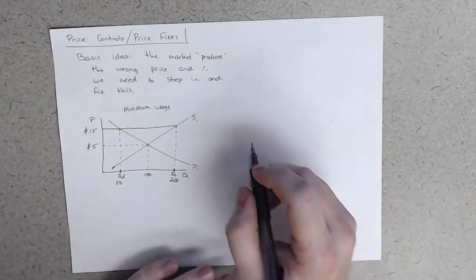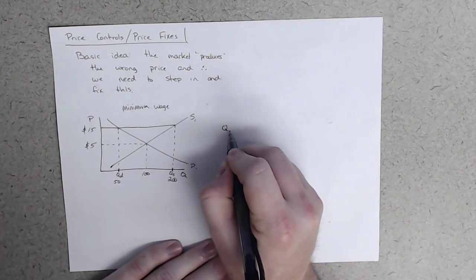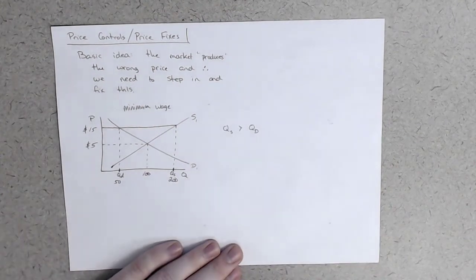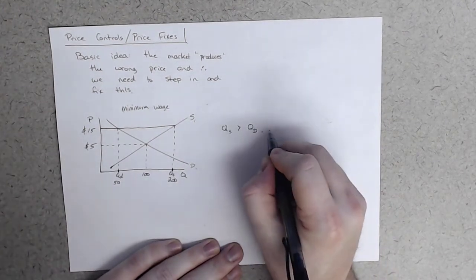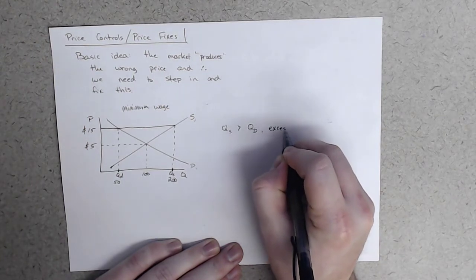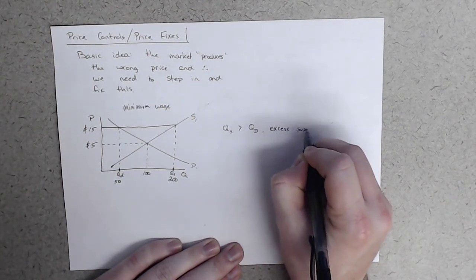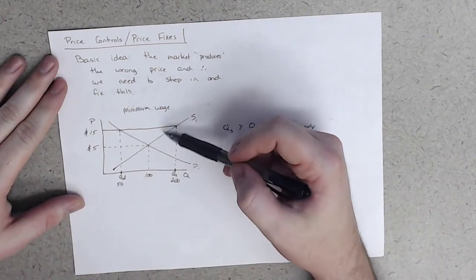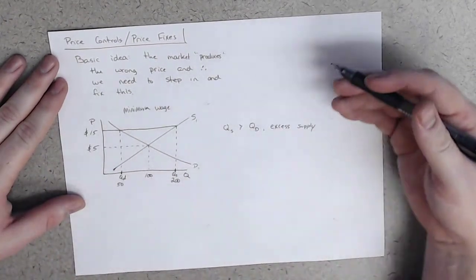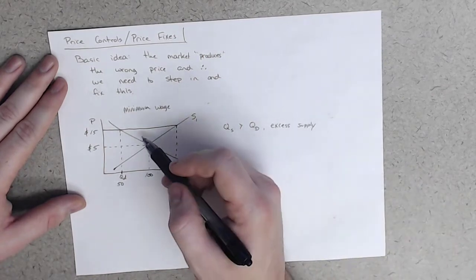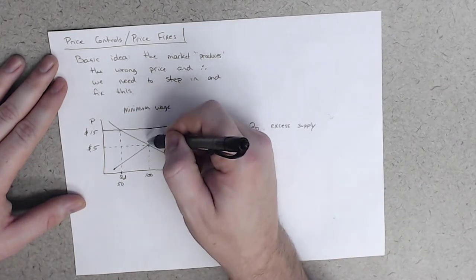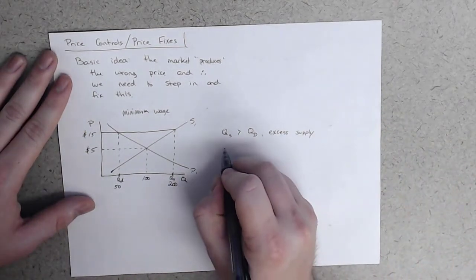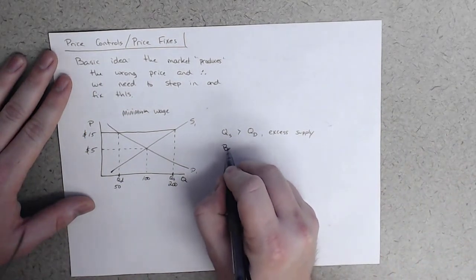Okay, and so we have a case where quantity supplied is greater than quantity demanded, which, as we knew before, was an excess supply. But now, because this $15 minimum wage is binding, which means we cannot price below $15, this excess supply will persist.